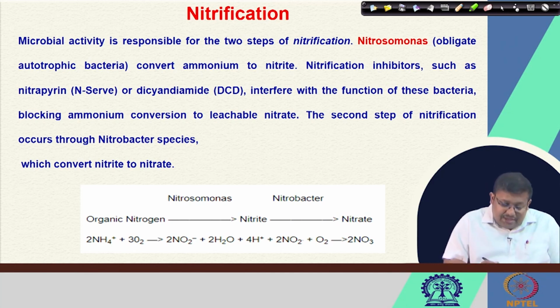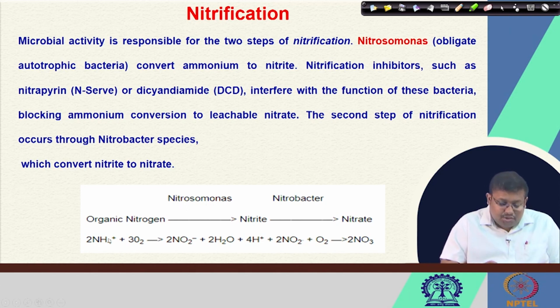So, here you can see the complete process of nitrification. You can see here the organic nitrogen, and then ultimately ammonium to nitrite by Nitrosomonas, and nitrite to nitrate mediated by Nitrobacter.